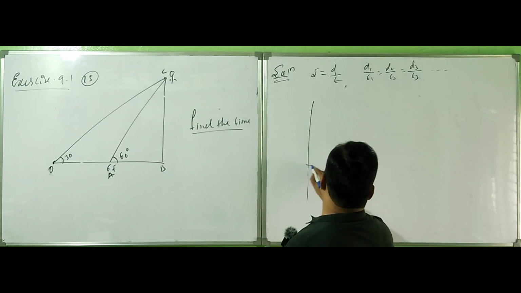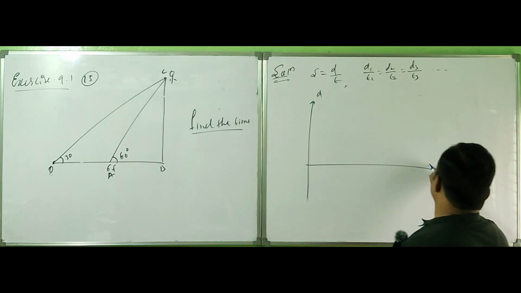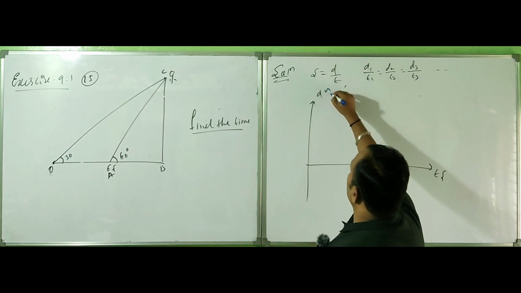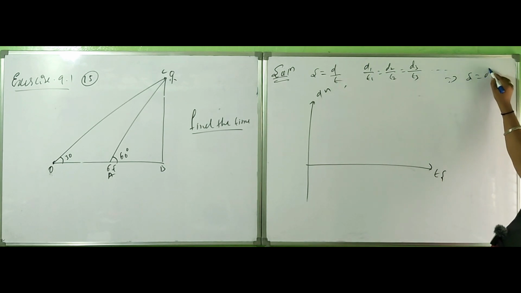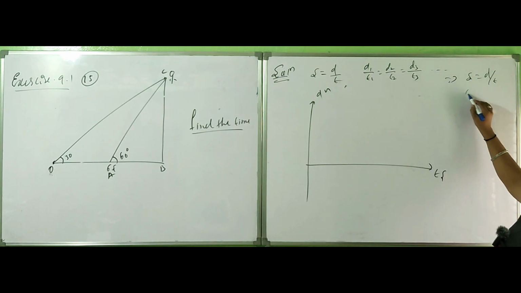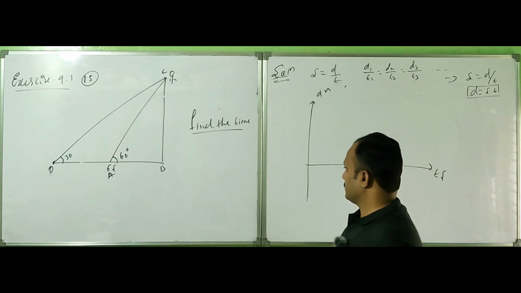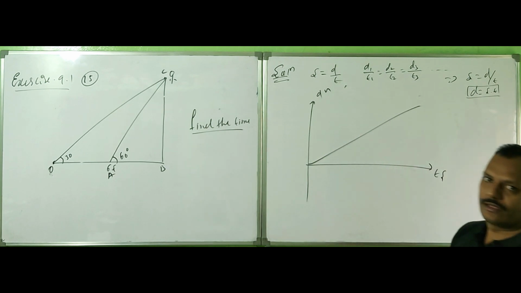Let's take the axes: this is d in meters and this is t in seconds. This implies S is equal to d by t, so d is equal to S into t. This is the graph formula.